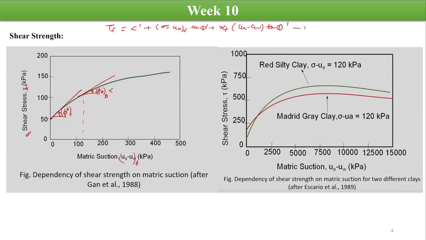And then we have the expression given by Fredlund: tau f is equal to c dash plus sigma minus ua f tan phi dash plus ua minus uw into tan phi b.